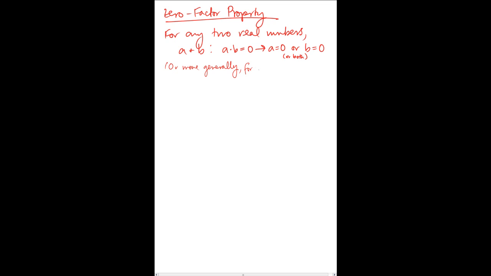We could say for any real numbers a1, a2, a3, etc., up through an, any number we like, if we have a1 times a2 times a3, etc., times an equals 0, then this tells us that either a1 equals 0, or a2 equals 0, or a3 equals 0, or ... or an equals 0, or some combination.